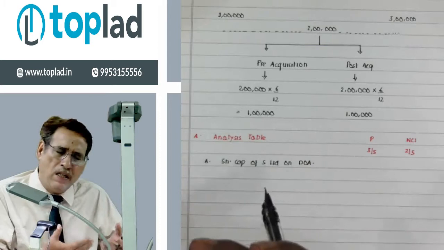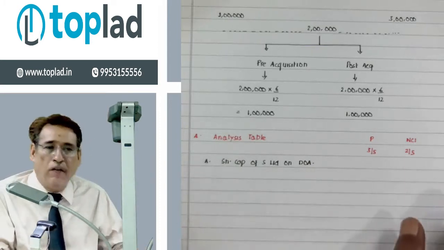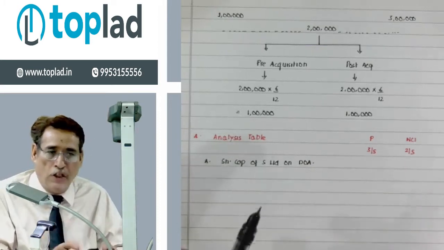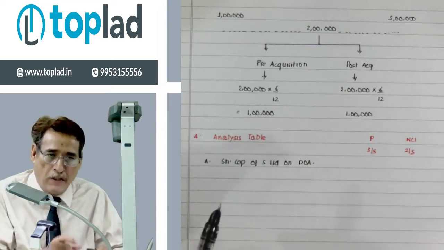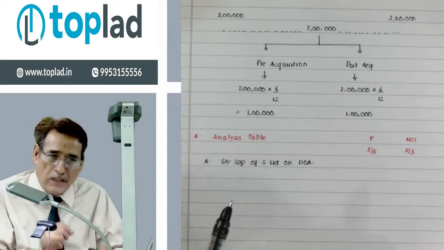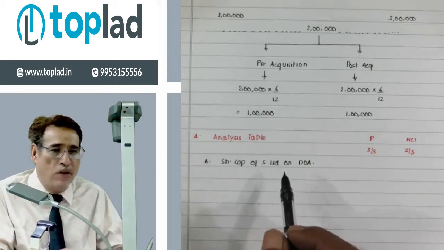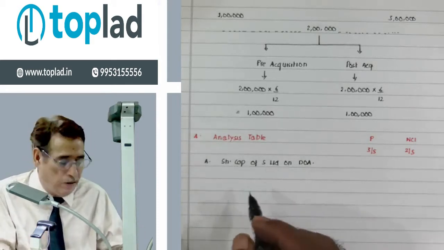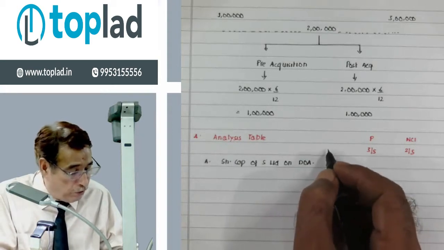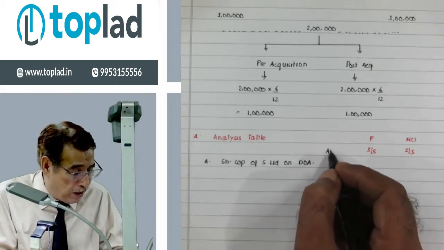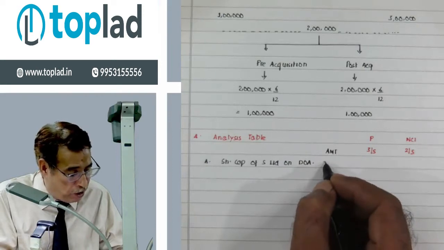But we can easily say that whatever balance was there at the end of the year must also be the same balance on the date of acquisition, because share capital hardly changes ever. So on the date of acquisition, subsidiary company must be having share capital of 5 lakh.